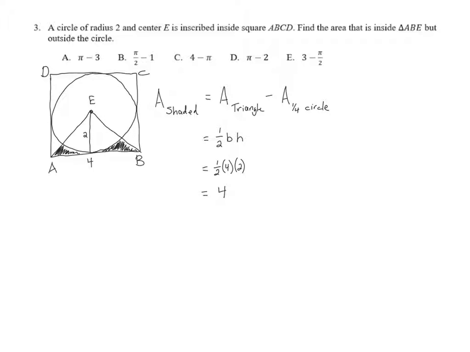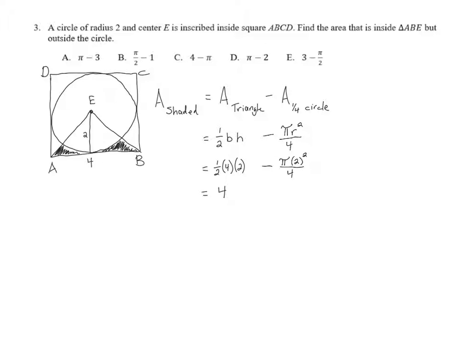From that, we have to subtract the area of 1/4 of the circle. Now the area of a circle is going to be pi r squared, but because this is a quarter of the circle, this is going to be pi r squared over 4. We know that the radius is going to be 2, so this is going to be pi times 2 squared over 4.